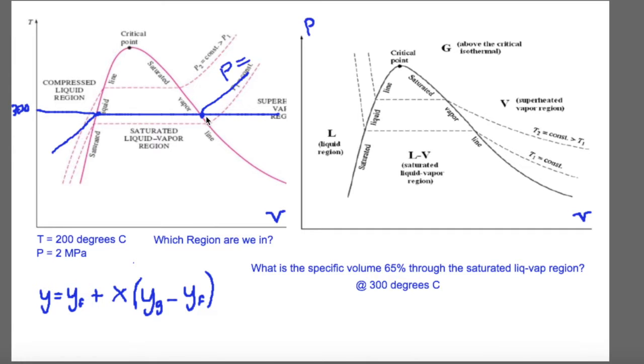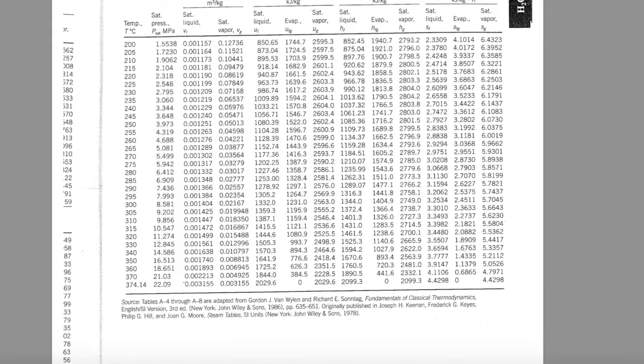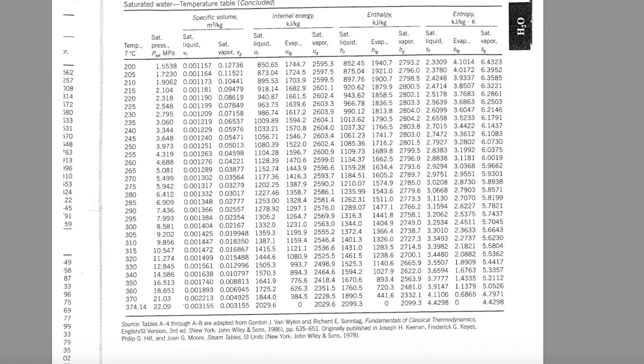Okay, so this is very simple to do. We have to go to the tables here at 300 degrees C for this saturated water. So if we get saturated water, 300 degrees C would be here. And as you can see on the top, saturated liquid, so the specific volume is given to you here.